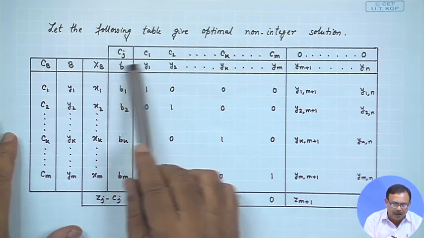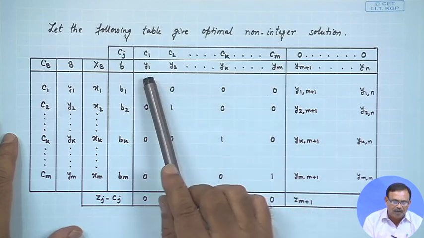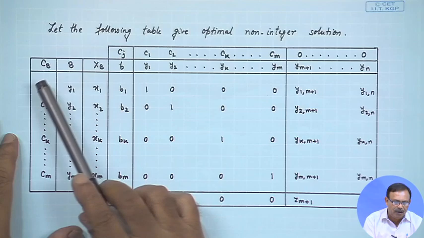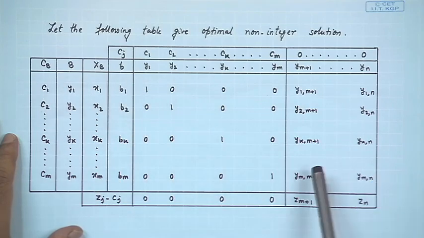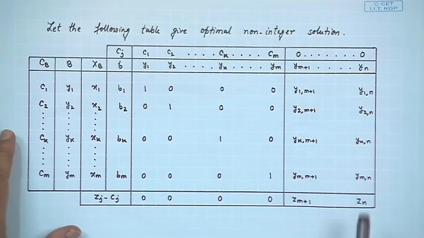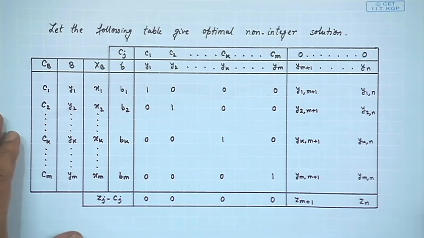Suppose you have Cj, C1, C2, up to Cm, and the values y1, y2, up to ym. Here you have xB, b, cB, b values. I have divided it into two parts, one up to Cm, and the other values 0 to ym plus 1. So, here x1 to xm are the basic variables.